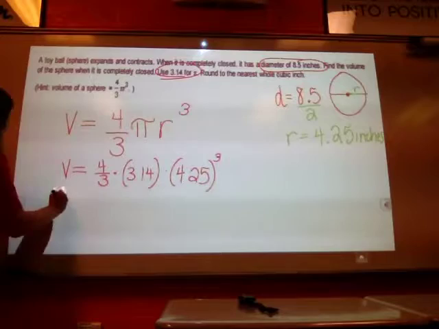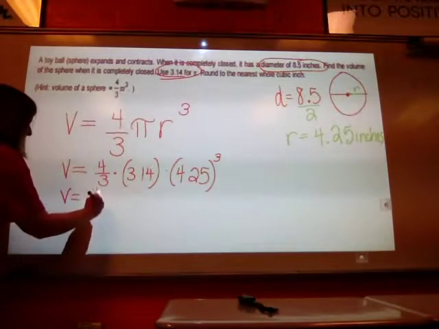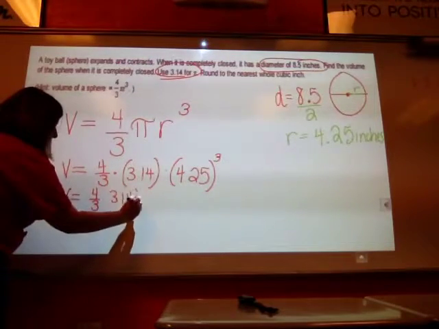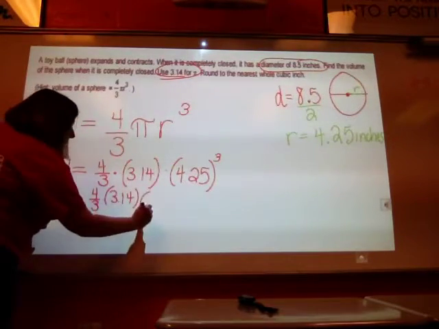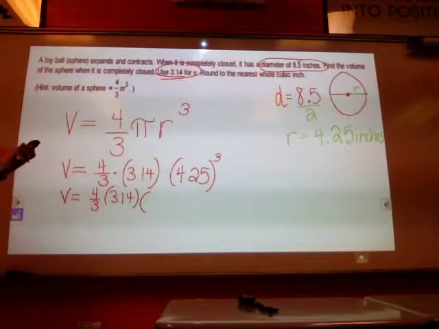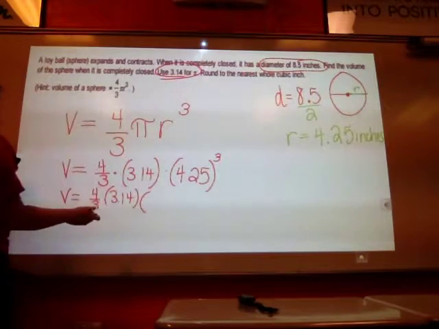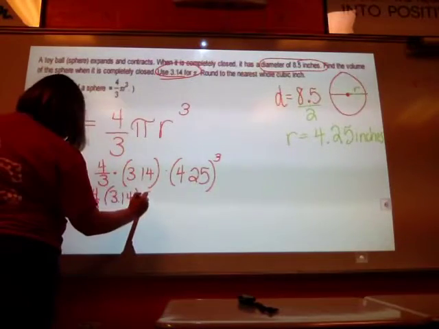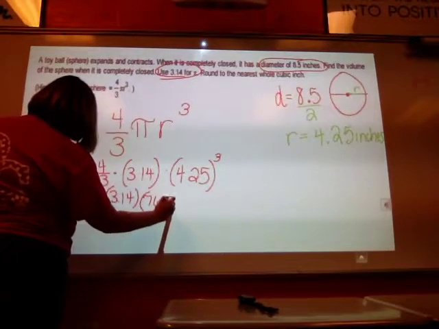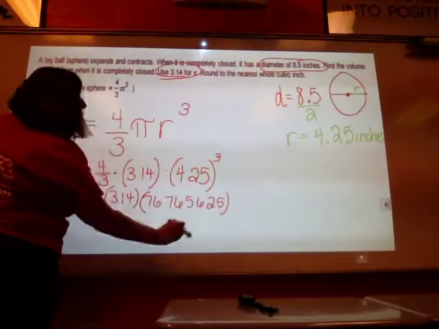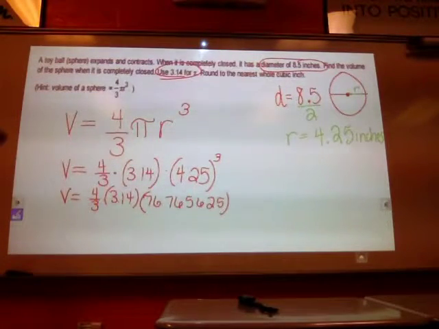So I'm going to go V equals 4 over 3 times 3.14 times 4.25 cubed, gets me 76.765625. And you can't round until the end.